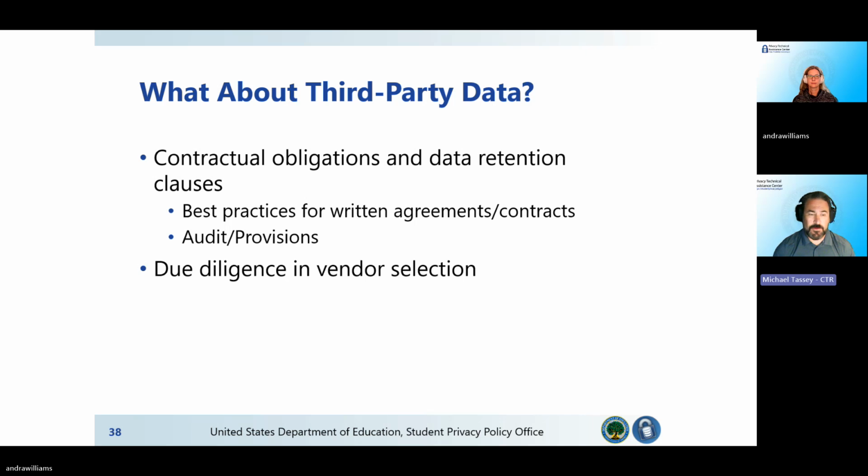So make sure that you embed these best practices when you're writing these contracts, when you're creating these written agreements, embedding these best practices around data minimization, around prohibitions on redisclosure, about data mining and advertising. All of these things come into play here.